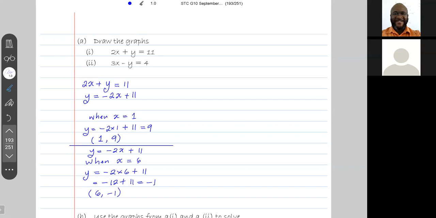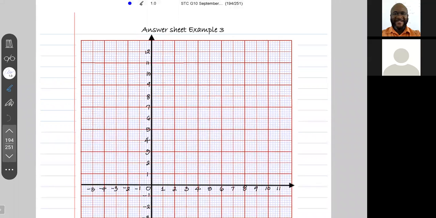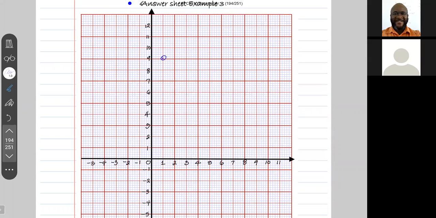So 1, 9 and 6, minus 1, I can plot the 2 points. 1, 9 is here. 6, minus 1 is here. All right, and I can draw my straight line through my points. I'm using technology to straighten my line.